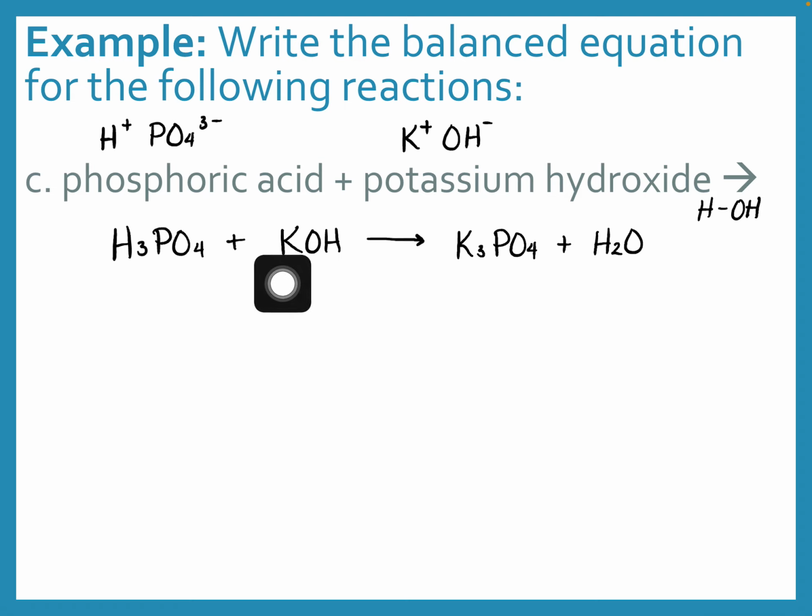I have 1 potassium here and 1 phosphate, but I have 1 phosphate and 3 potassium on the other side. So I can balance my 3 potassium out here, 3 potassium to go with my 1 phosphate. And I now have 3 hydroxides to go with my 3 hydrogens, which would be 3 waters. Once again, it's often helpful to see water as the pairing of hydrogen and hydroxide when you're balancing.